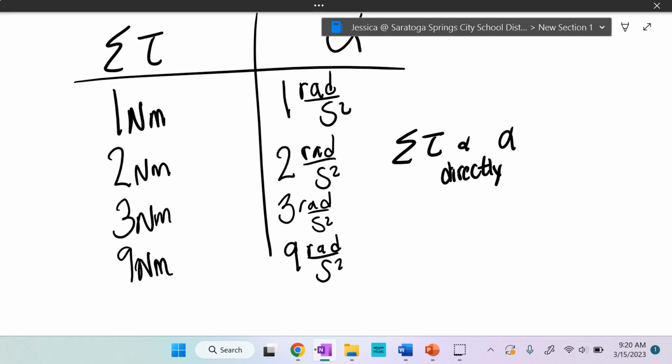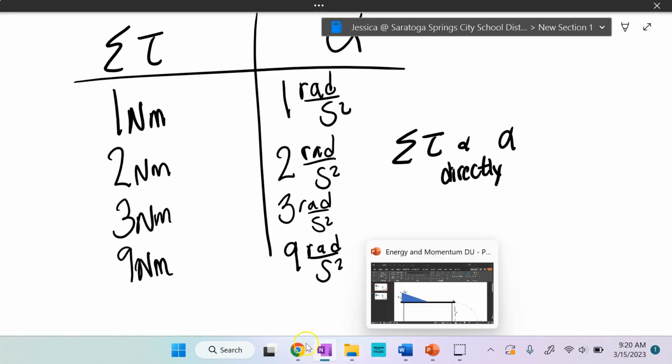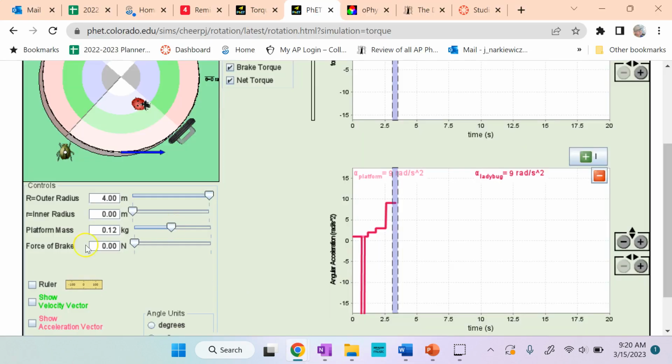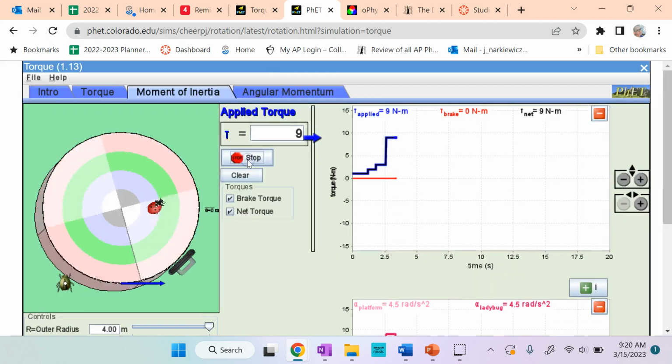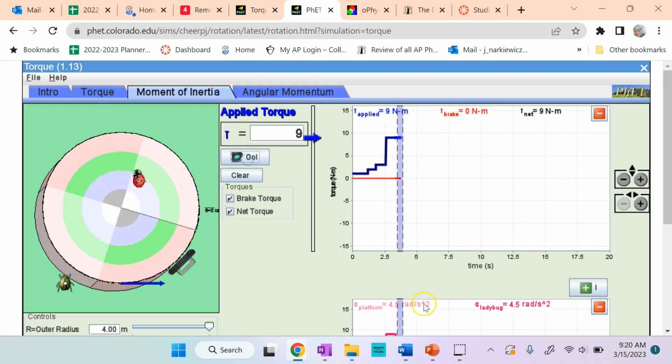Our equation's probably not going to look like net torque is acceleration, because if I change anything about this platform, like let's say I change the platform mass to something really, really big, and I still apply that same torque, the angular acceleration changes.